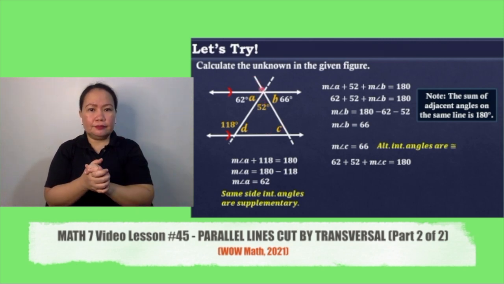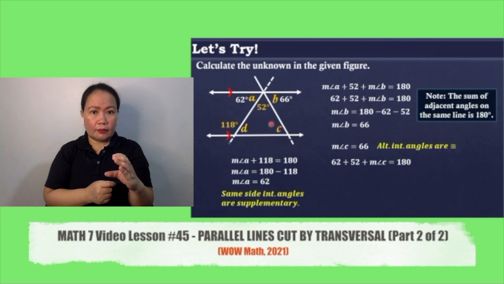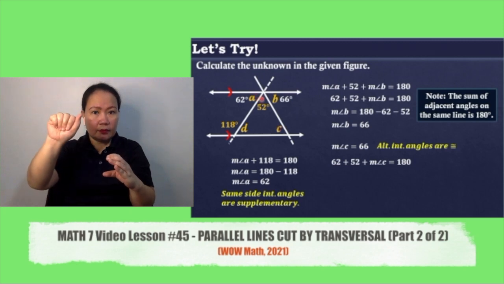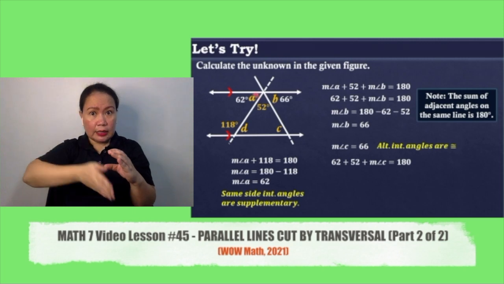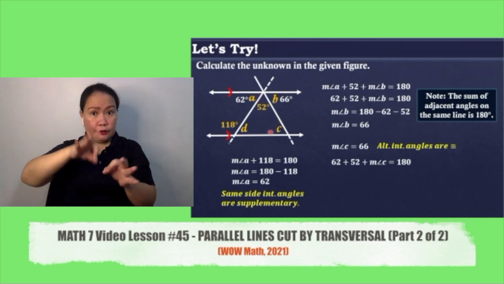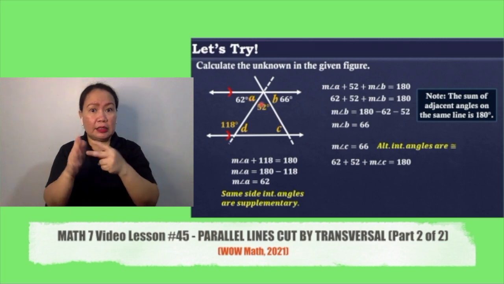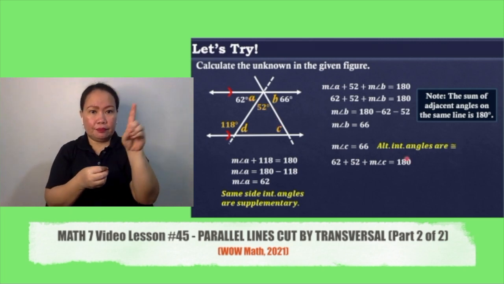Ito yung transversal mo. Okay. So, ito yung transversal mo. Ito, at ito, ay same side interior. Okay. So, kung same side interior angle sila, dapat supplementary. So, 180 dapat yan. So, kaya 62 plus 52 plus the measure of angle C is equal to 180.